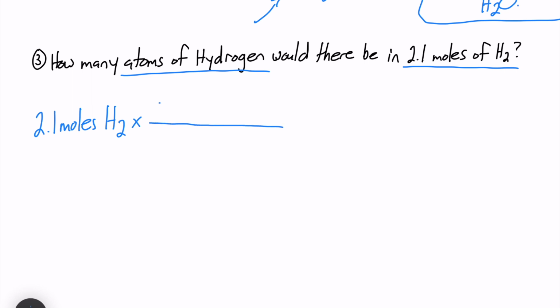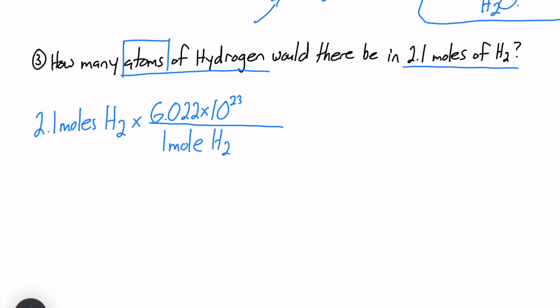On the top, we're going to use our magic number again because we want to get to atoms, right? So 6.022 times 10 to the 23. And on the bottom, we're going to put 1 mole of H2.